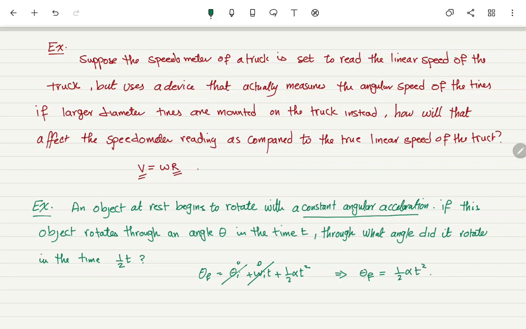Notice that theta is related with t square, which means if t goes to half t, theta will be a quarter of the angle. So theta at t equal to half t is a quarter of this magnitude, half alpha t square.